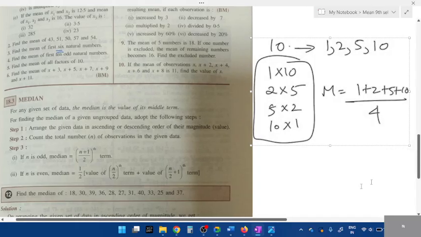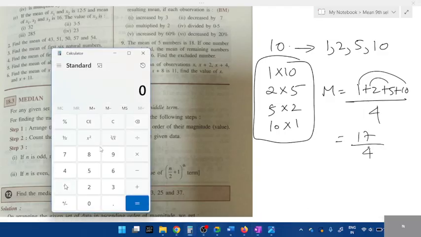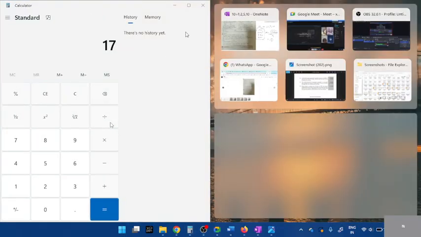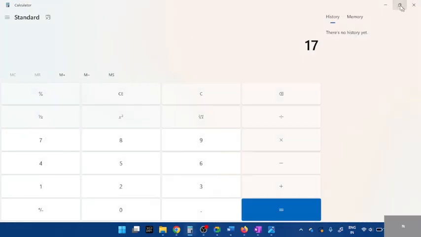What's the answer you got? 17 divided by 4. No, not 17, sorry, 18, right? Yes, I made a mistake.